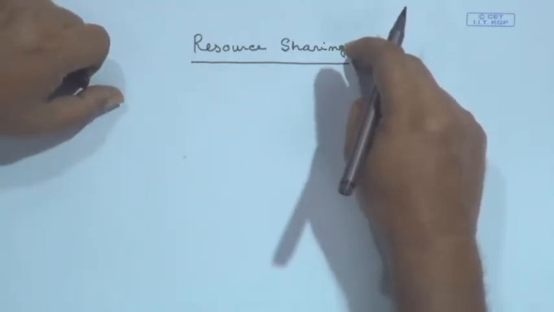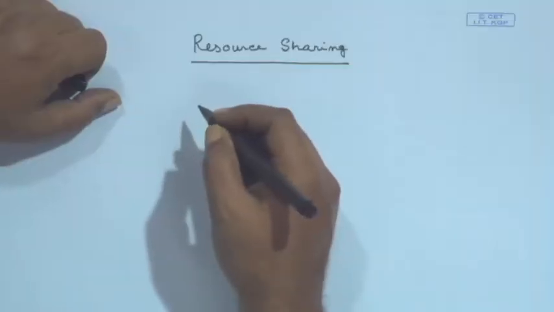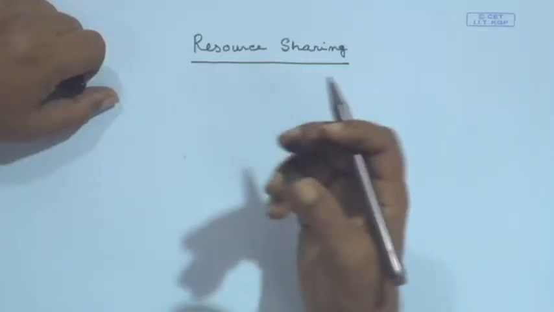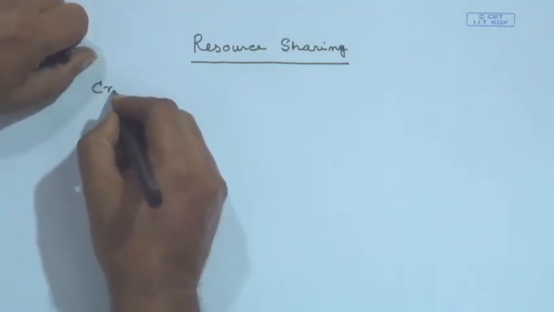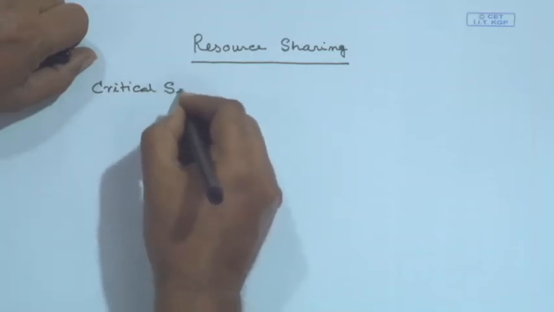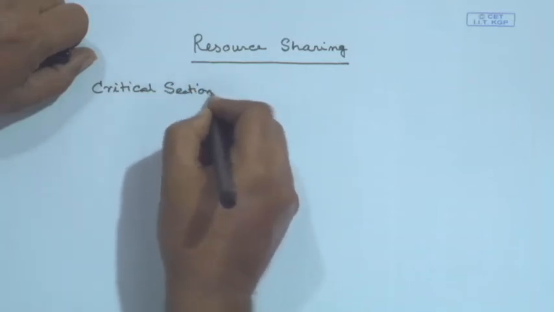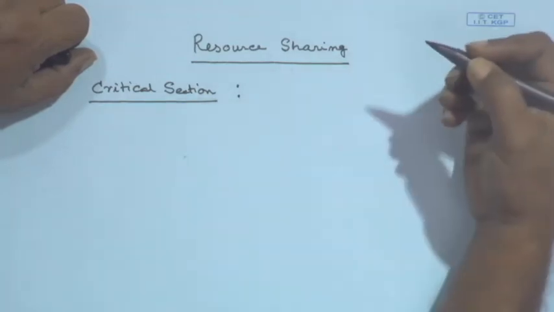This problem of resource sharing we have also encountered in the normal operating system course, right. Let us quickly revise what we mean by critical section. What is a critical section?